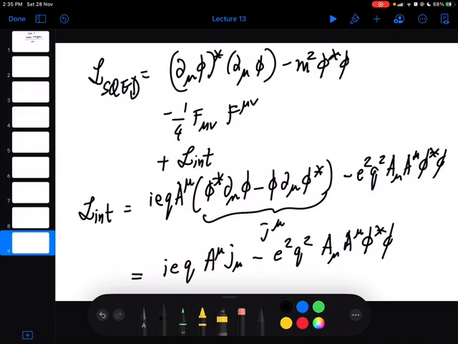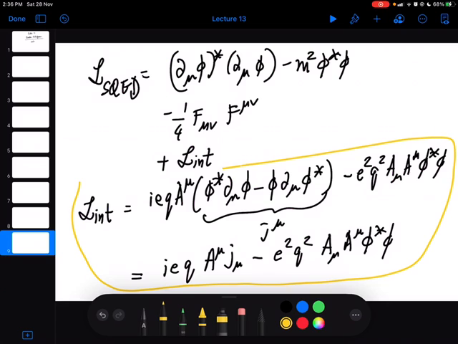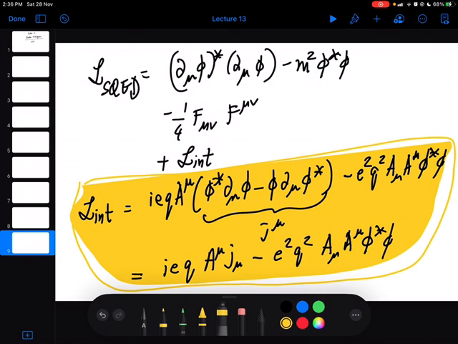So for the first time what we have seen is the interactions between particles. We got not only a free theory of electromagnetism, but also how these particles interact. This is spinless electrodynamics, which can also be called scalar electrodynamics. You can call it by a number of names.